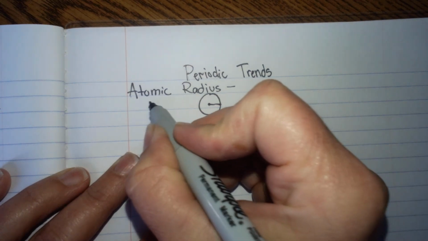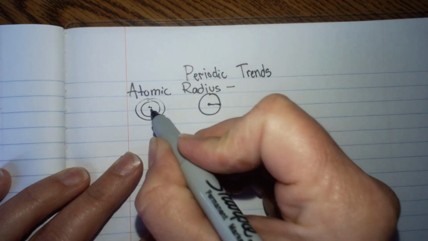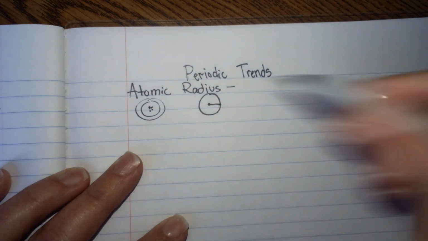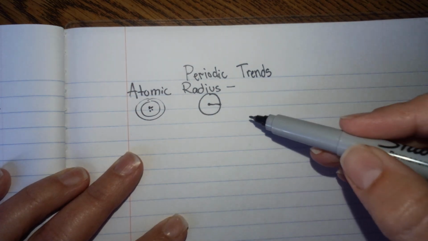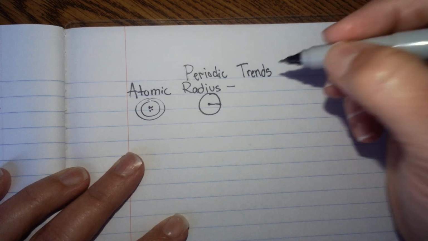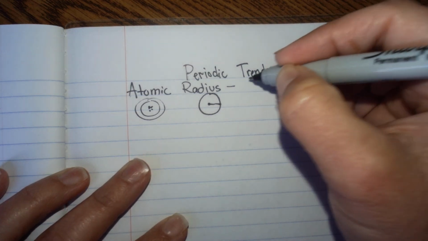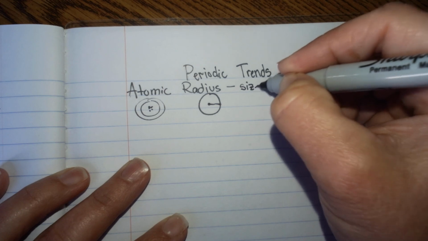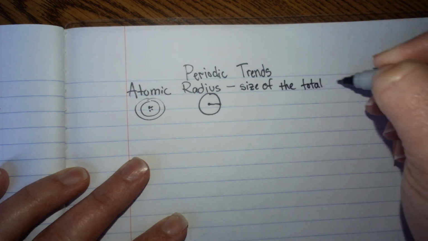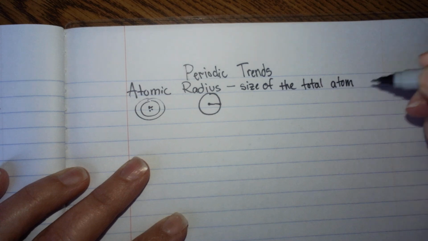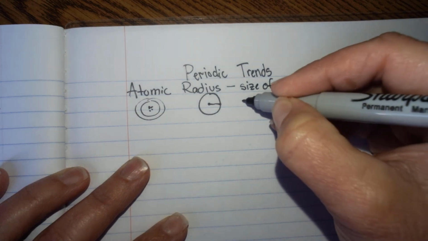So an atom, okay, that's a terribly drawn atom, but we have an atom, we have radius, having to do with the atom. We think about radius, that's telling you something about the size of the circle. So atomic radius is the size of the total atom, including the electron cloud.